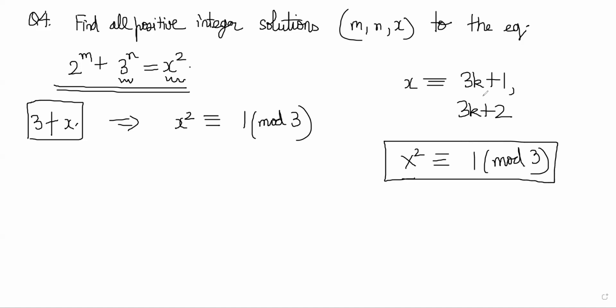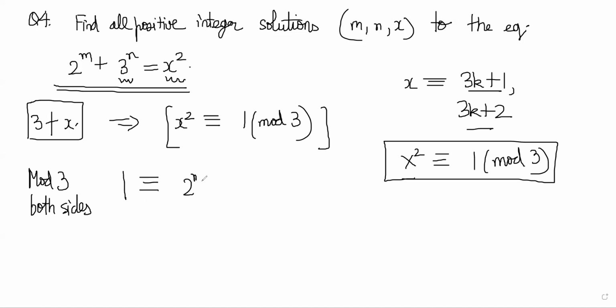Okay, so now if you take mod 3 on both sides of the equation, what we get here is 1 on the RHS side. 1 is congruent to 2 power m plus 3 power n mod 3.